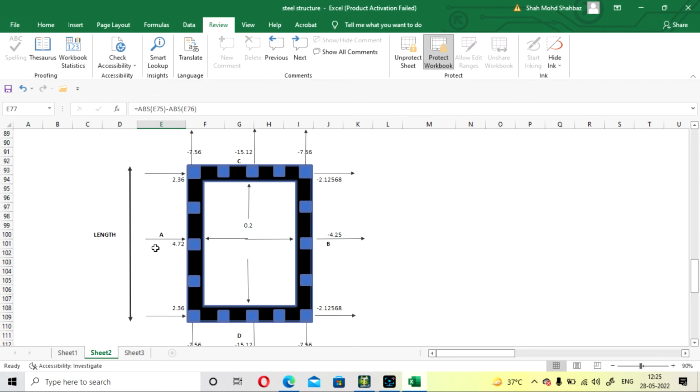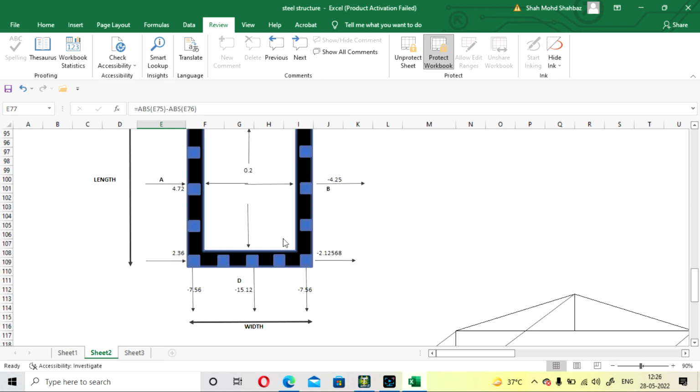See here, this direction is showing that your external pressure coefficient, that is force, is acting towards the structure. So this will be a positive value, and this value is negative, so it is going away from the structure. So this will be the internal pressure coefficient, that is 0.2. This is positive, so it is acting towards the structure. If it is negative, it will act away from the structure. So the arrow will be in this direction, so positive directions.